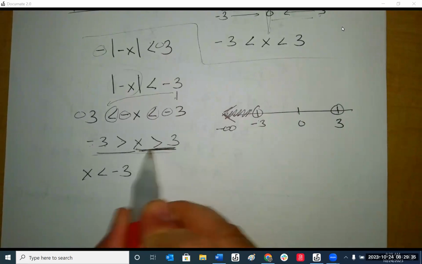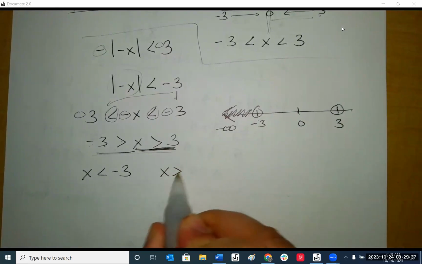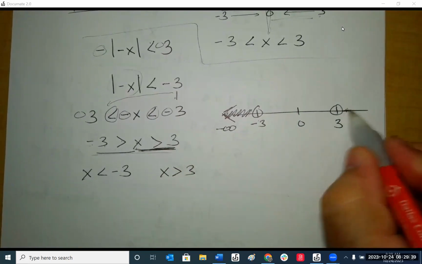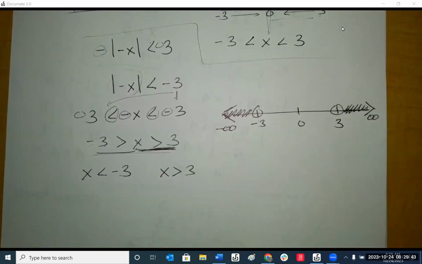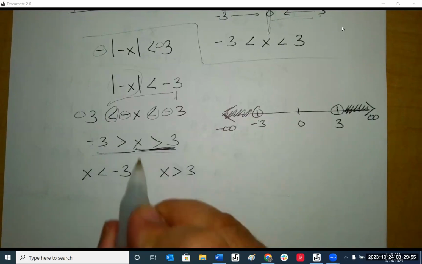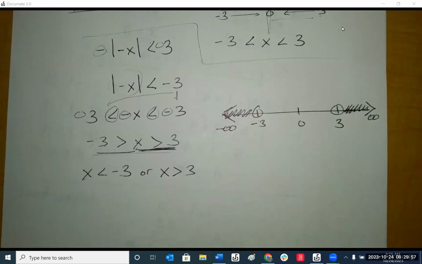And what does this mean? X is greater than 3. So from 3, I say shade that region. So this is an or statement.